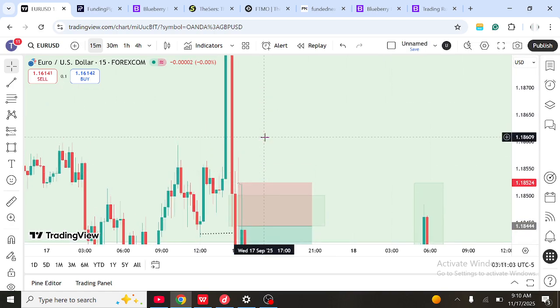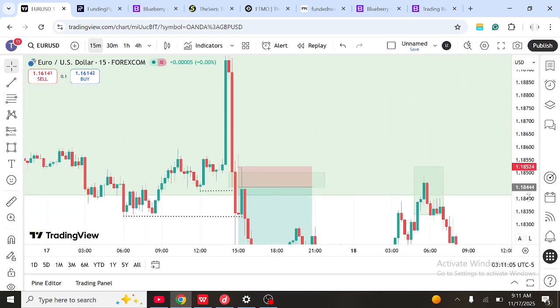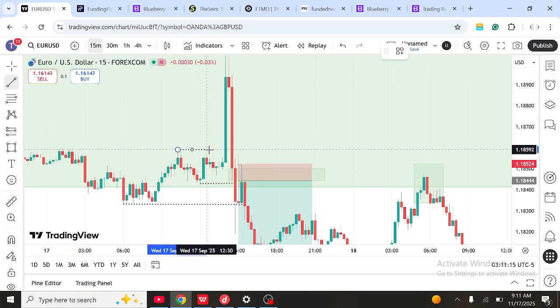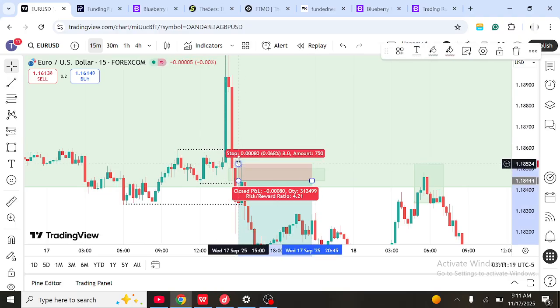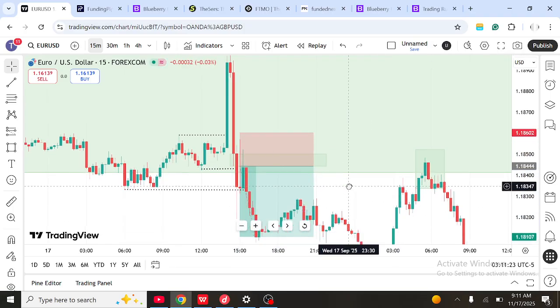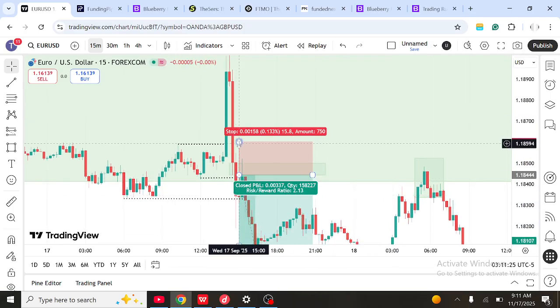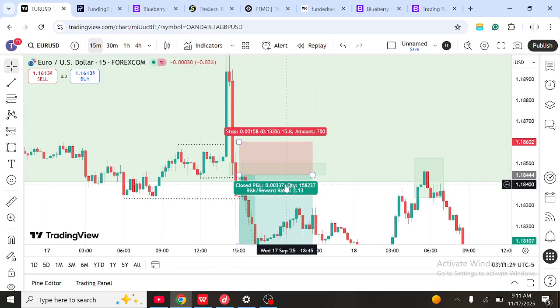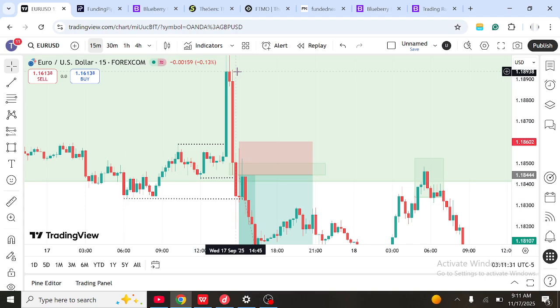We are supposed to put our SL at the top of this candle, but it's far away. You understand? It is far away. So what we are going to do is use the high of the last break of structure as our SL. So it's going to be a little bit above it. Do you get the concept now? Because we don't want to put our stop loss here because the candle is huge. Okay, it will reduce our profit.